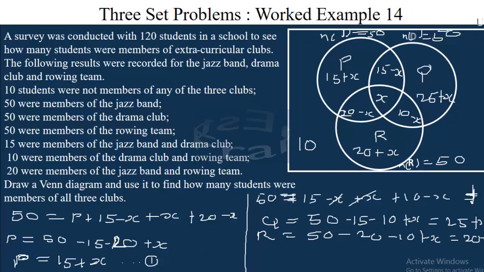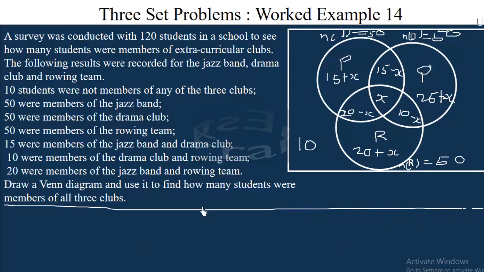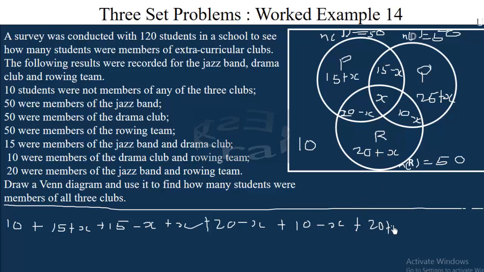So now we equate everything to 120. So now we must have this region, that is 10, plus 15 plus x, plus 15 minus x, plus x, plus 20 minus x, plus 10 minus x, then plus 20 plus x, then plus 25 plus x.